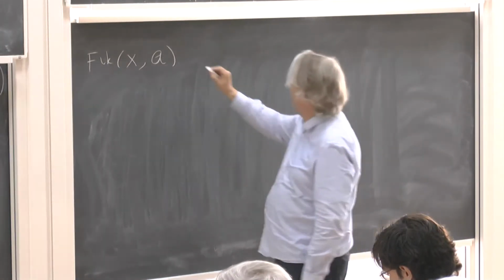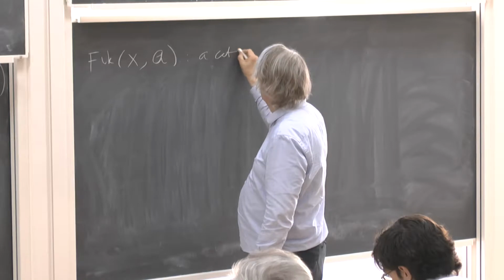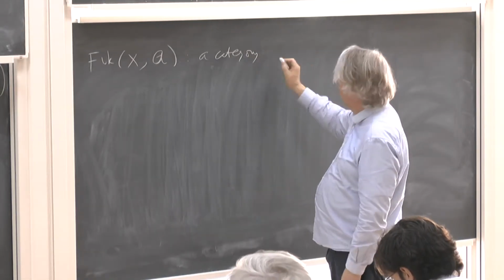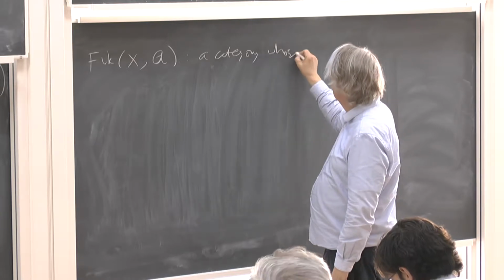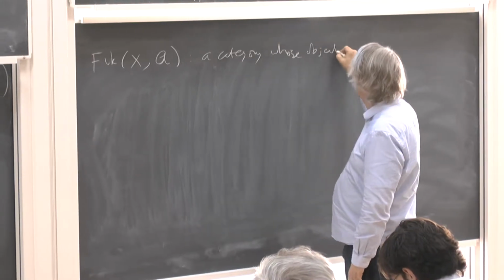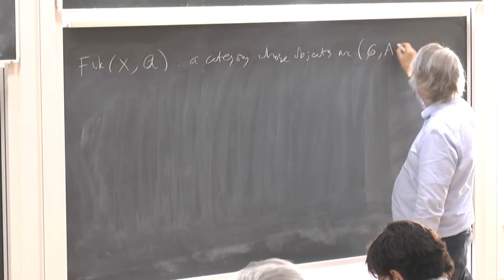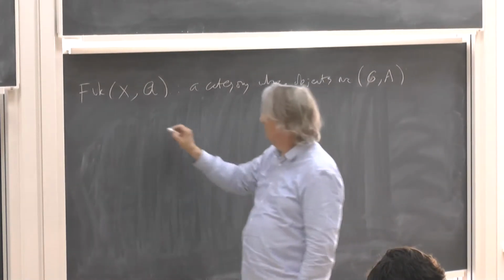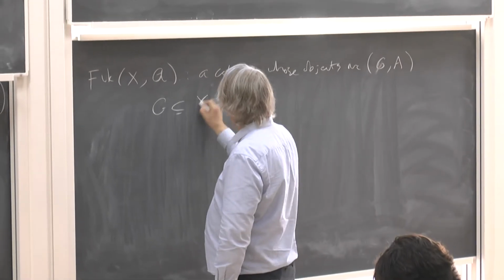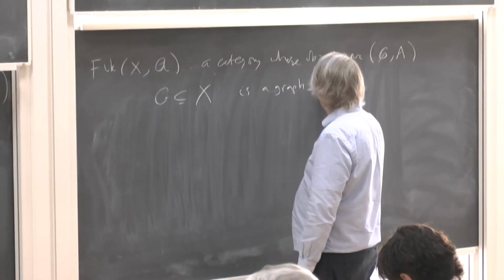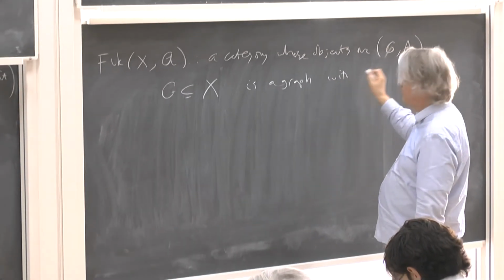So this is a Fukaya category whose objects are pairs G comma A, where G is a graph in X with endpoints at singular points.